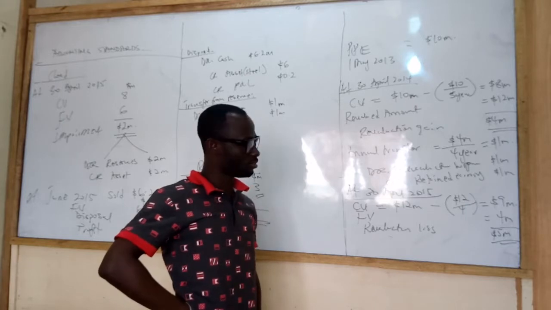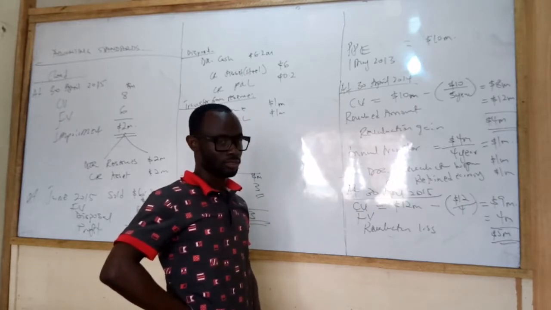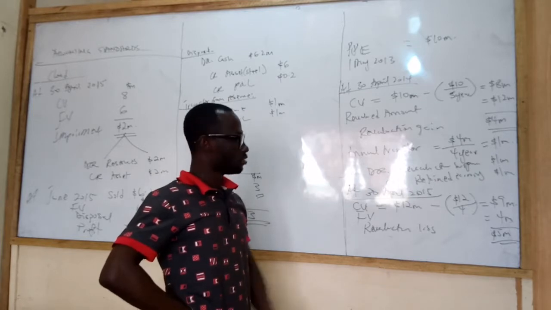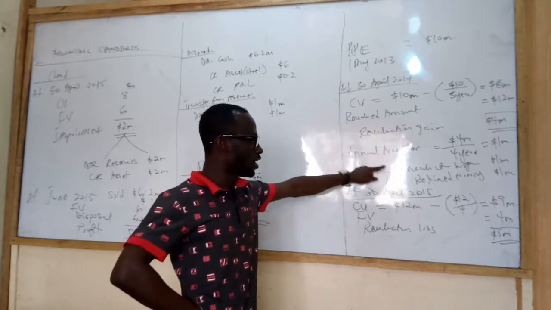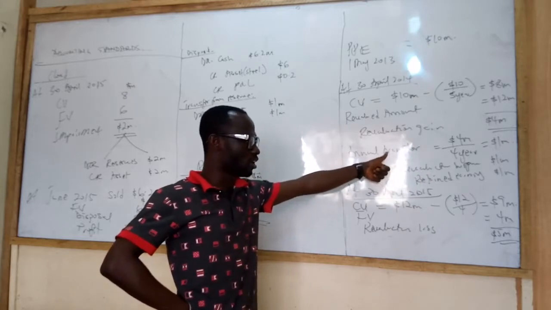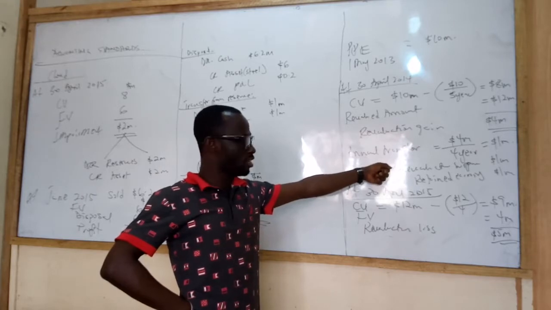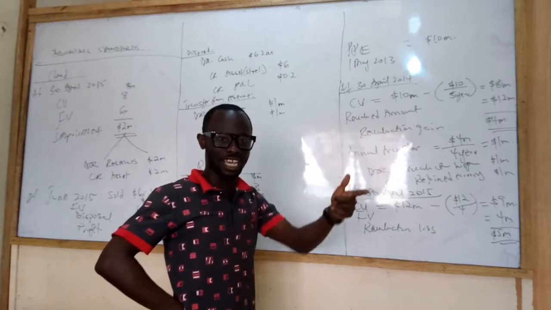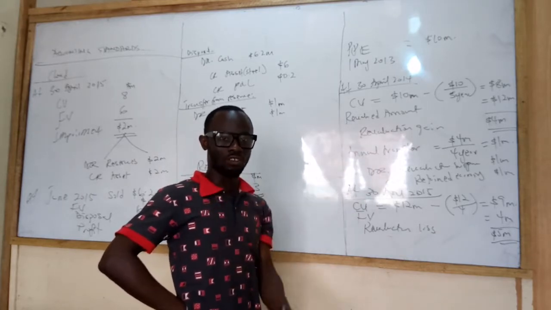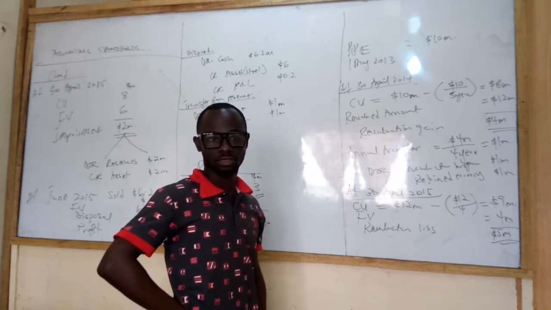I set off the gain against the loss, the revaluation surplus. How much is left in the revaluation surplus account? 3 million. Then you put 3 million to that. Then the extra 2 will be written off in the P&L account.